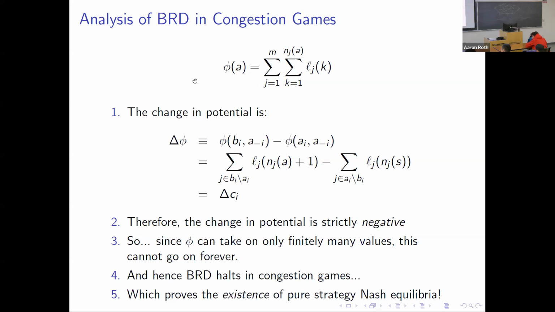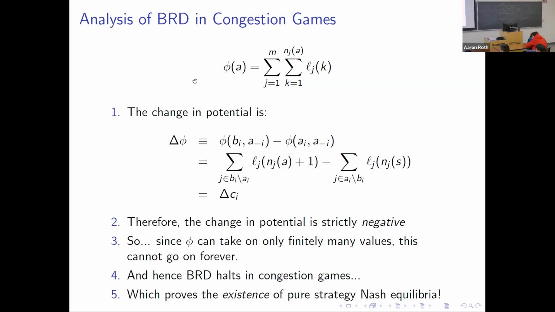Why is that the potential if it just ends up with the cost? Why don't we just use the cost directly? Whose cost? Well, there are n different players. When I make a better response move, my cost decreases. But when you make a better response move, my cost likely increases.